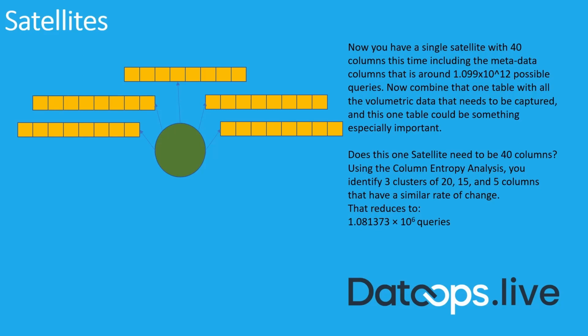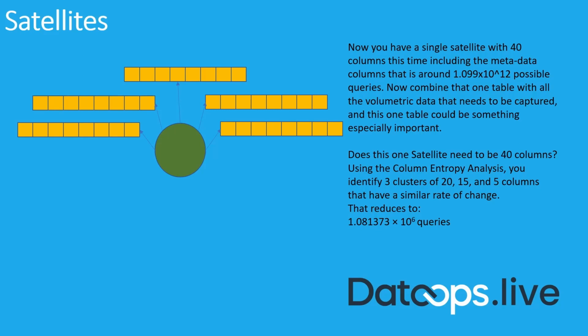Each of these have very similar rates of change. That reduces by a huge amount, well over an order of magnitude, the number of queries that are available to be run in the query space for these 3 tables instead of the 1 table.